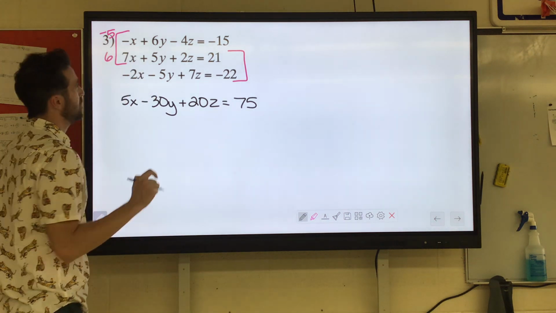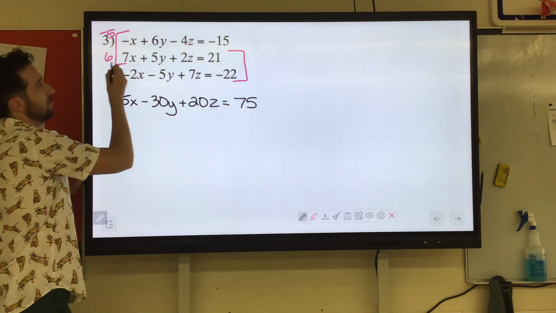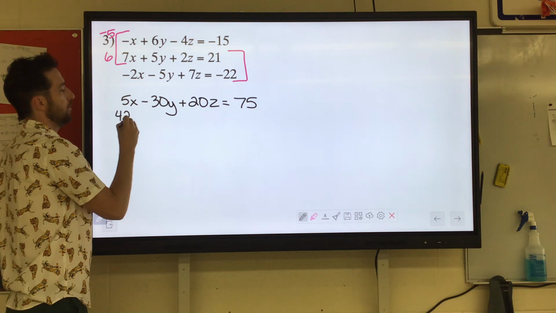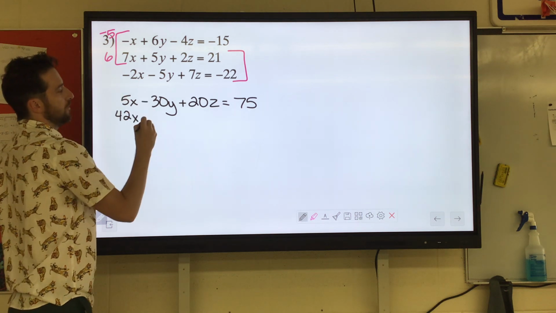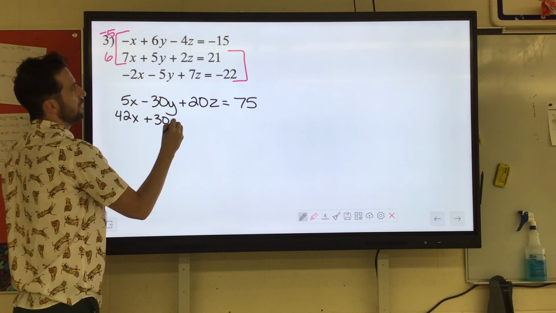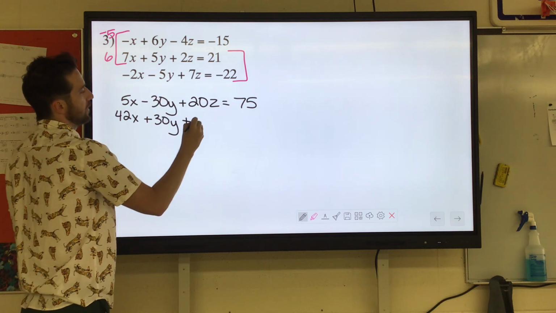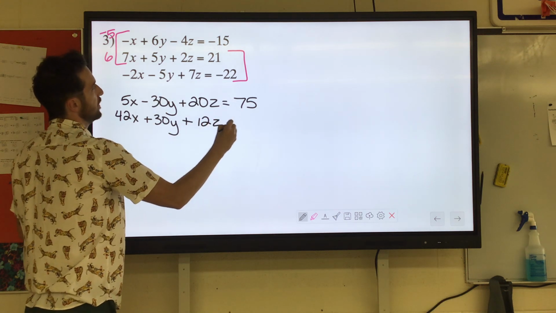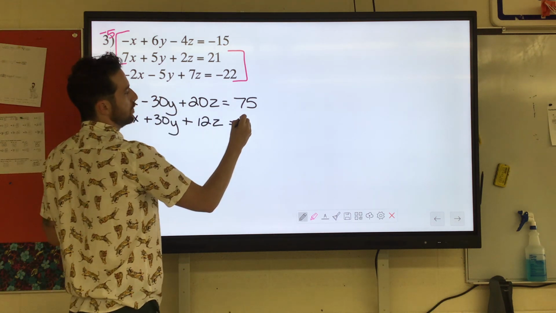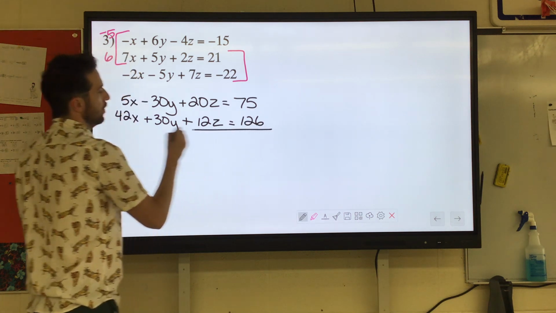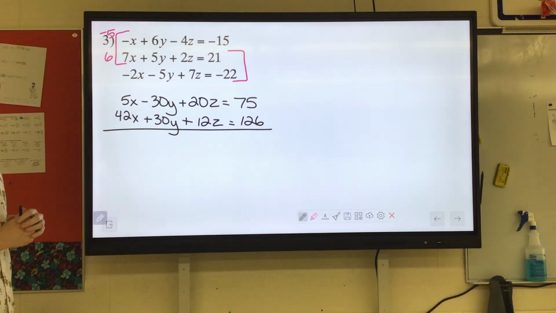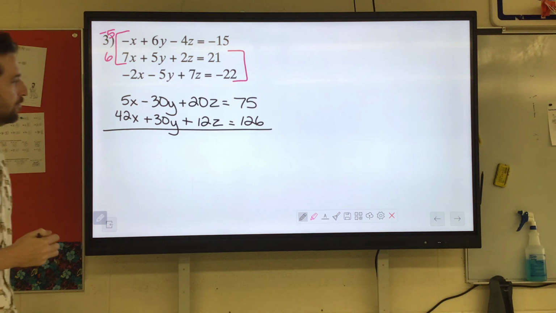I'm trying. 6 times this line, 6 times 7x is 42x, 6 times 5y is 30y, 6 times 2z is 12z, and 6 times 21 is 126. We'll come back to that in a moment. The second and third equation.